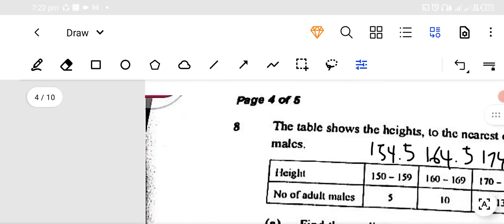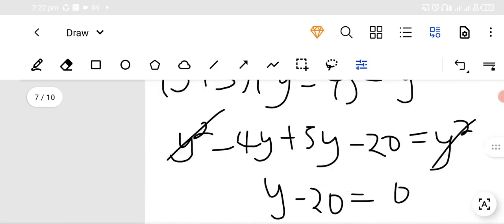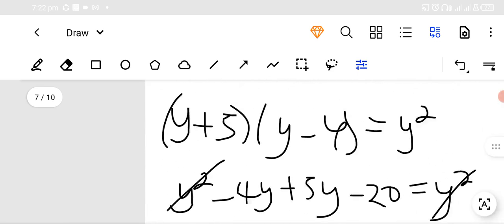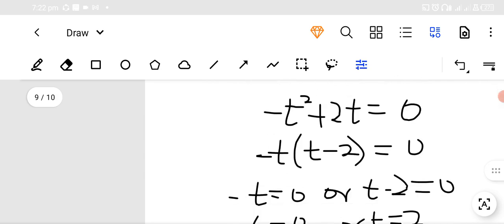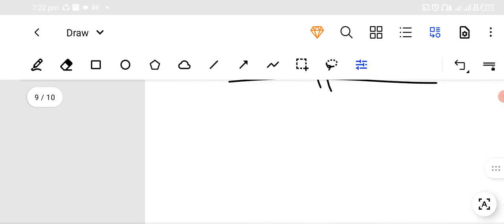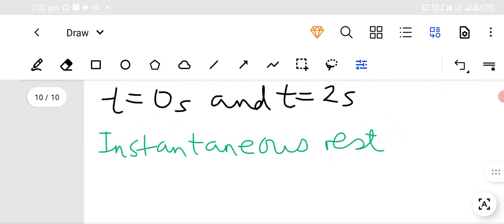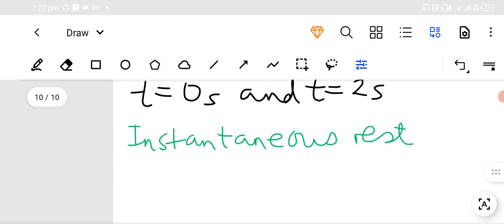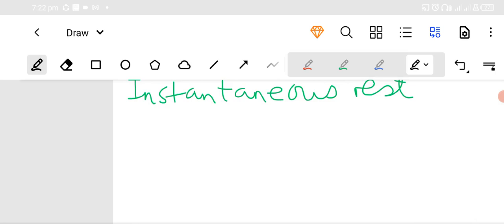Anyways, it is the distance, because we're considering from 0 to 2 seconds. Otherwise, if we were considering a longer interval, it would have said displacement, because distance would involve direct calculations, which is not the way we go about these questions.